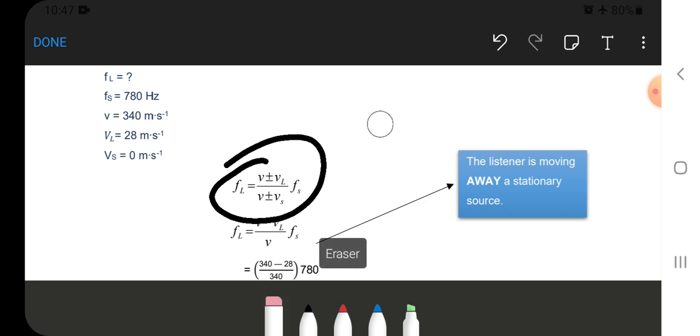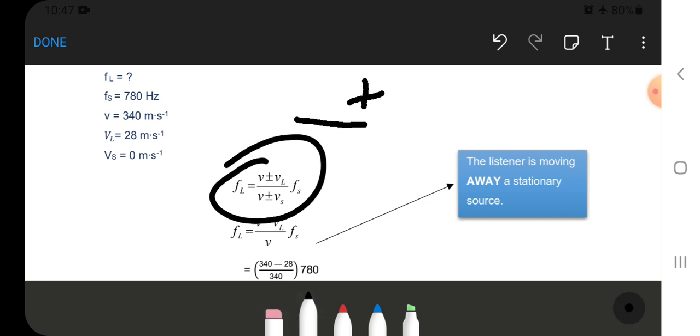So when the ambulance is approaching a stationary listener, we have a plus on the top and then a minus on the bottom. But when the ambulance has passed a stationary listener, we have a plus on the top and a plus on the bottom.